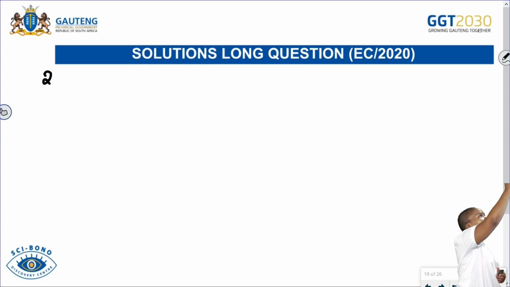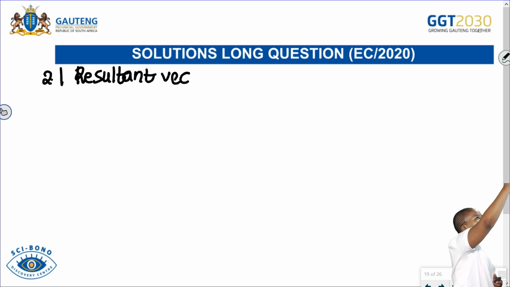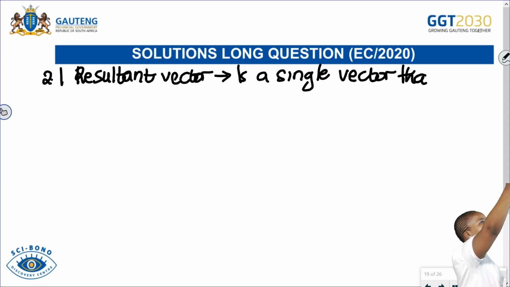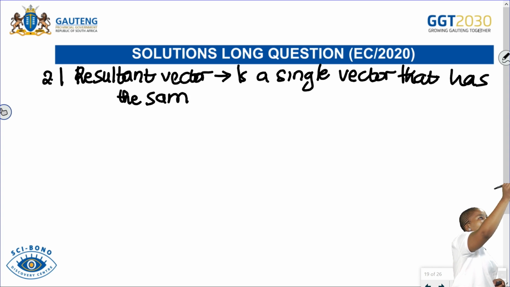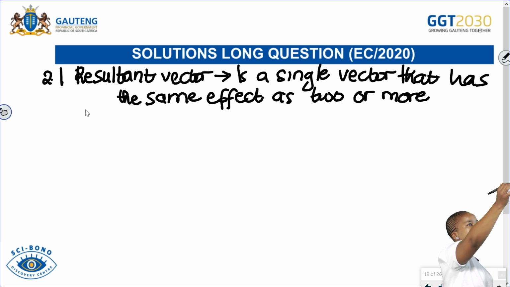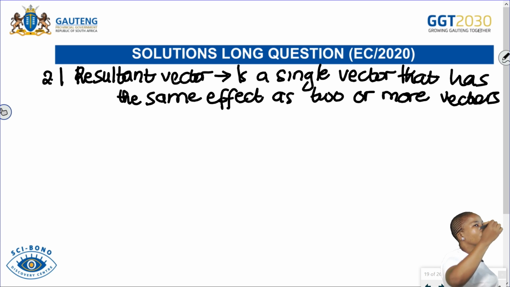So we have 2.1: a resultant vector is a single vector that has the same effect as two, it could be two or more, vectors acting together.